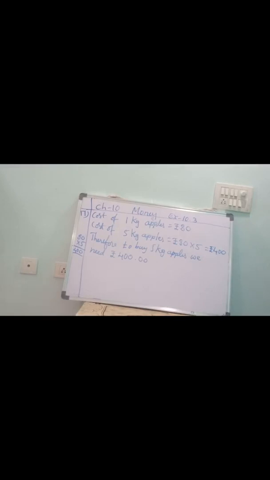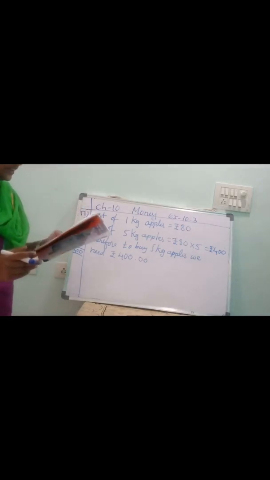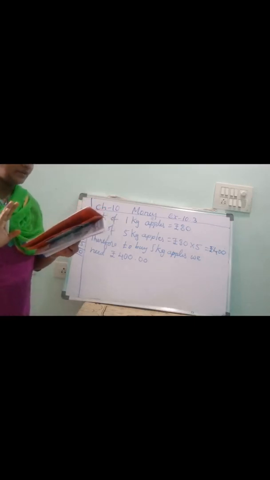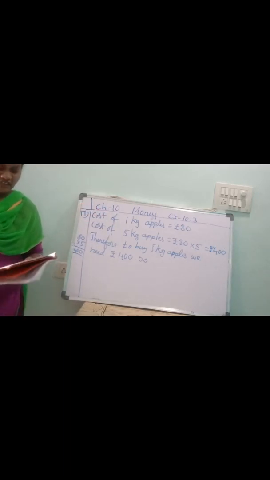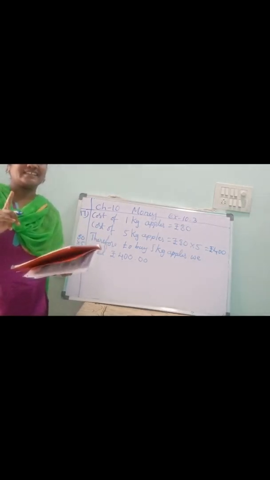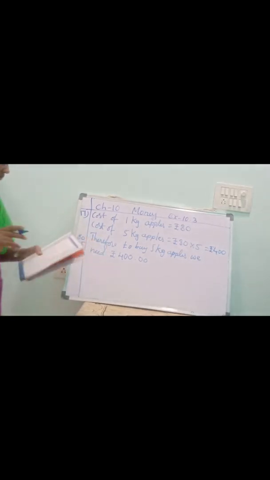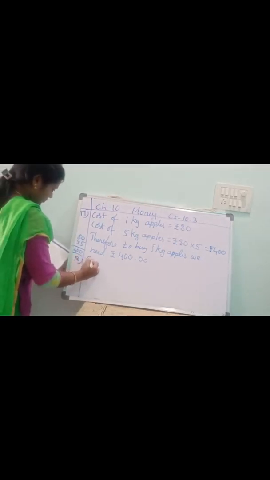Next, 18th one. If one book cost is rupees 29, what is the cost of 6 such books? What you have to do? You should multiply. As one book cost they given, you should find 6 books cost. Yes or no? 18th one.